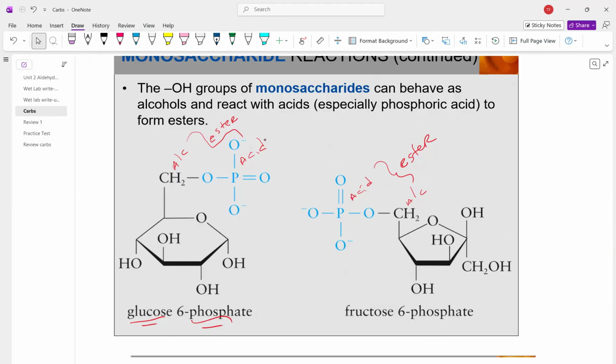They're all over the place. Adenosine triphosphate, adenosine diphosphate. They're an energy molecule. They're used all over the place. So the point on this slide is the carb is being used as an alcohol.